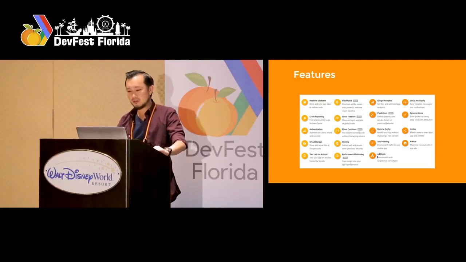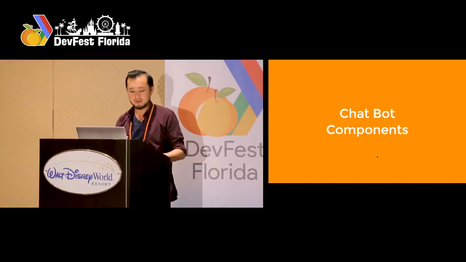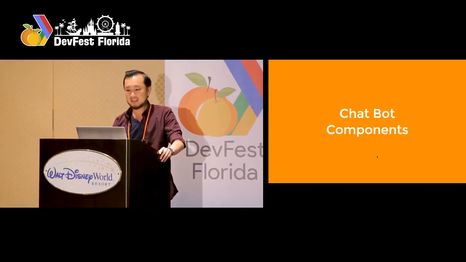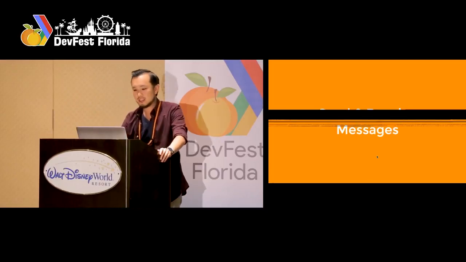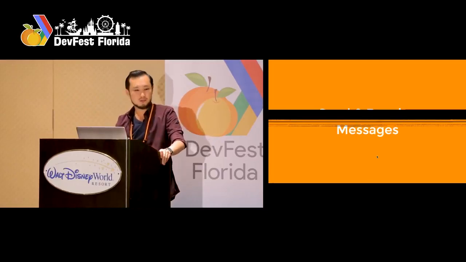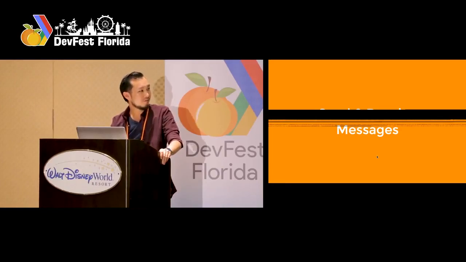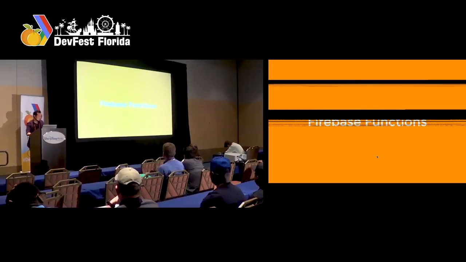So where does that come into building chatbots? Well, let's look at chatbot components. At the most basic level, chatbots send and receive messages, right? And the Firebase service that's going to help us out with that is Firebase Functions. A function is basically a piece of work, and the way Firebase Functions work is something triggers it.